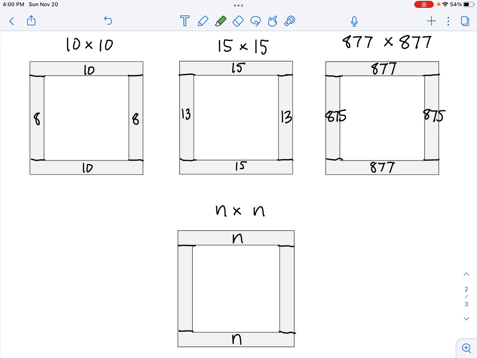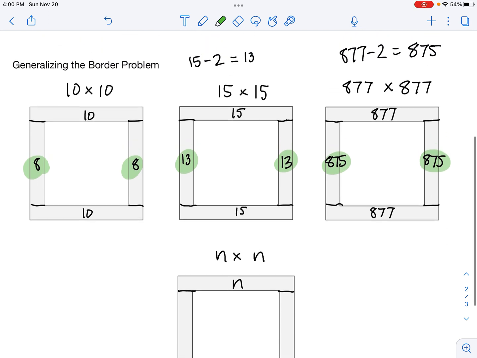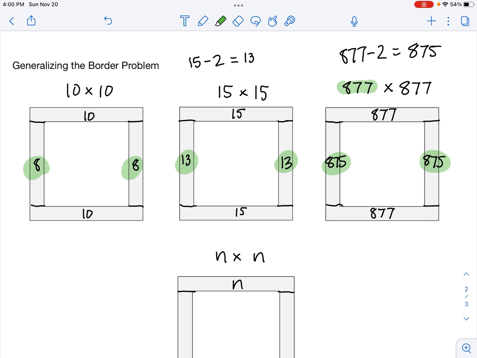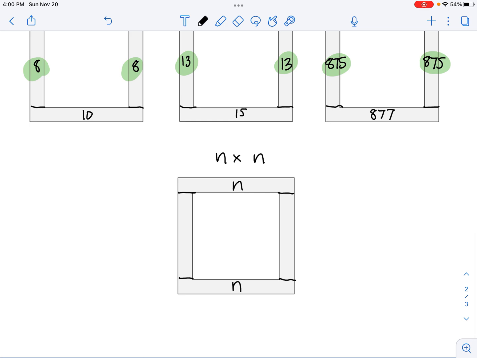Now we've got to think about how we got all of these numbers. Each time we took the original number, or the number of squares on one side, and we subtracted 2 from it. So we will do the same thing in our n by n. We take the original number n and we subtract 2 because of these 2 corner pieces.